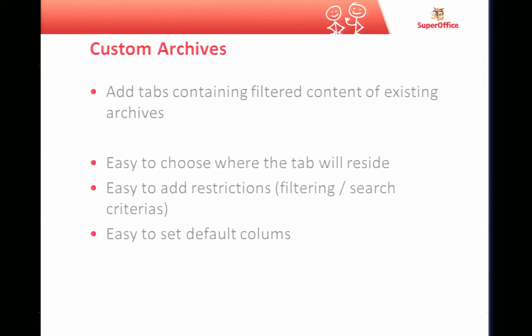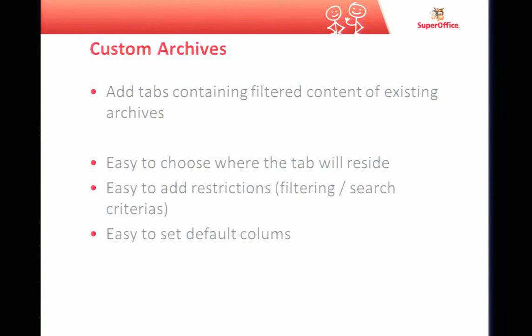It's very easy to choose where this tab is supposed to be located. You can choose it wherever you want. It could be on the main archive or diary or wherever you want. You can have restrictions to it, which is actually just a filter or a search criteria in the same way that you're creating a selection. And you can also set some default columns.